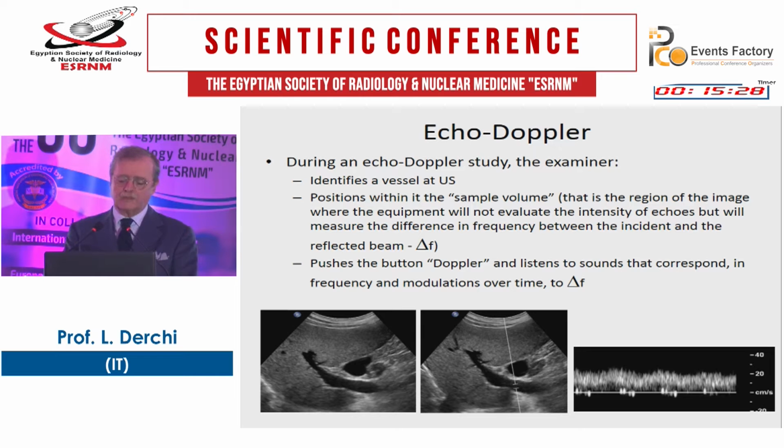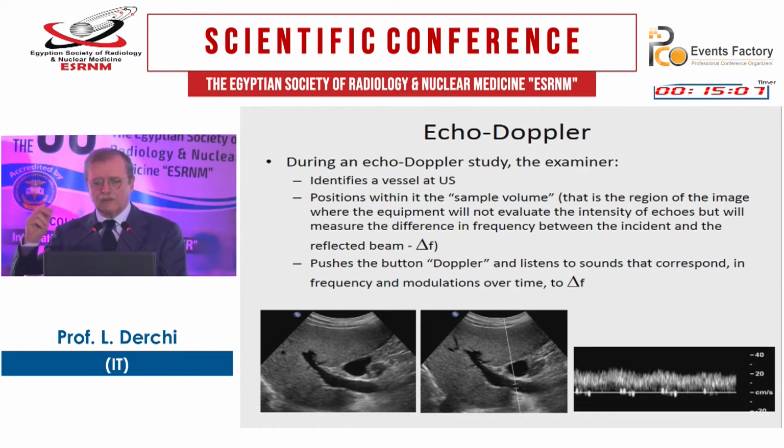Then the examiner positions the sample volume within the vessel, the region of the image where the equipment will evaluate not the intensity of the echoes, but the frequency shift. Then push the Doppler button and listen to the sound that corresponds to the frequency difference, that is the delta F.